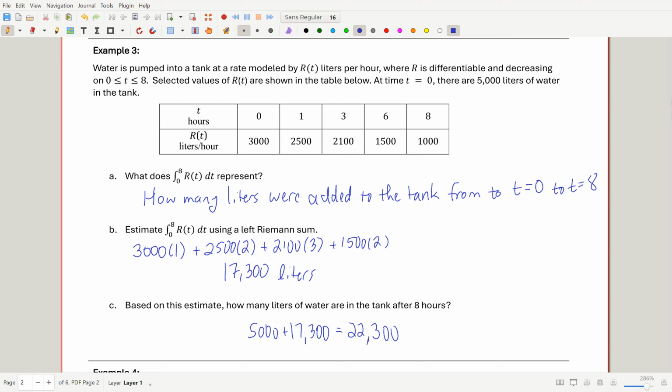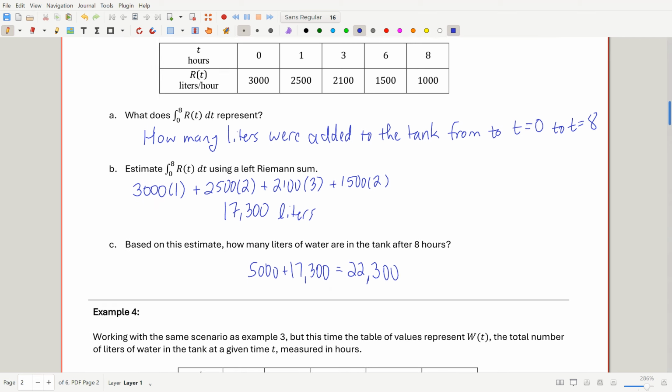Yep. If we weren't given the initial amount, we would have no way to answer that. And now, nicely, that initial amount was t equals 0, which was the start of our integral. Alrighty.